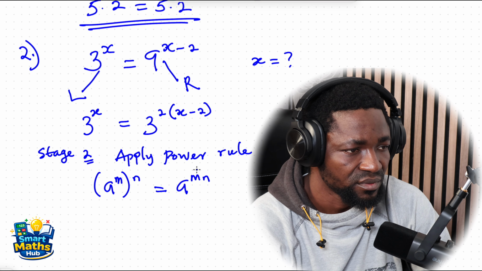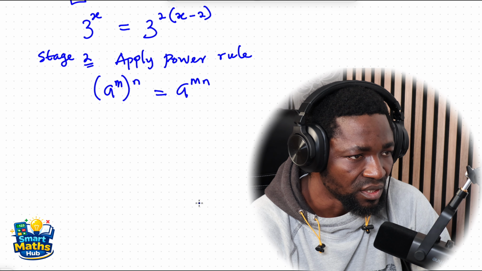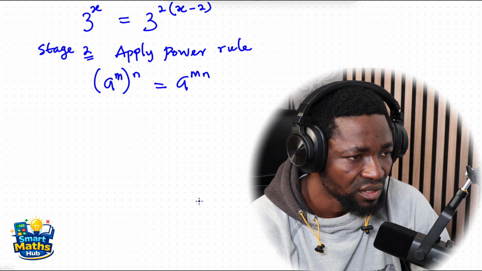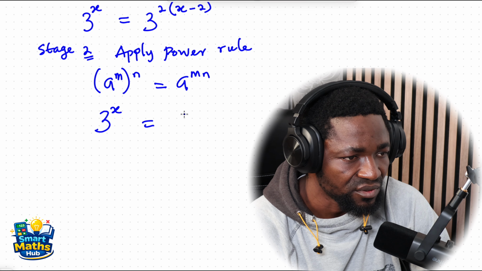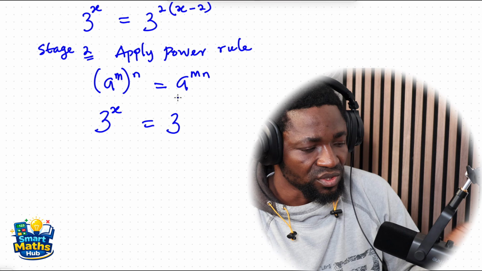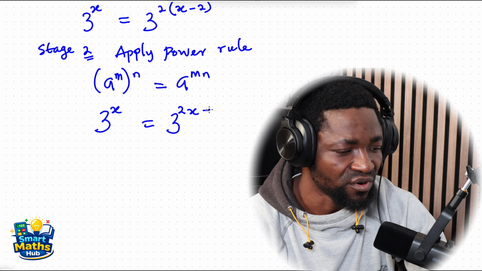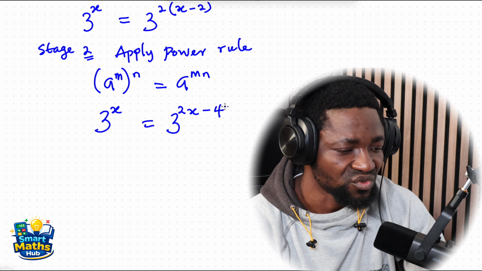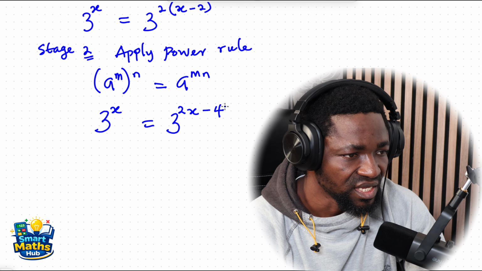So we have 3 raised to power x equals 3 raised to power 2x minus 4. Exactly, 2x minus 4.